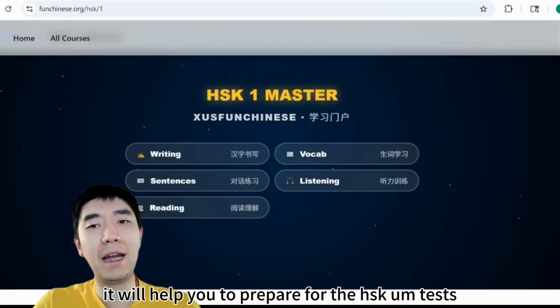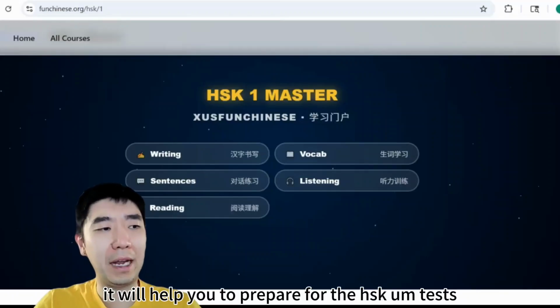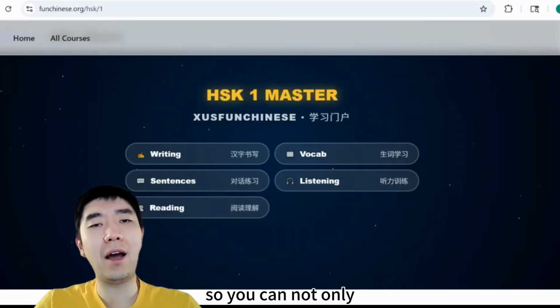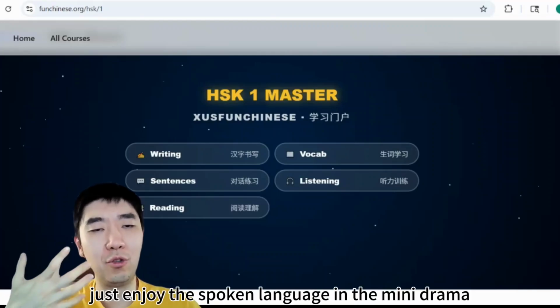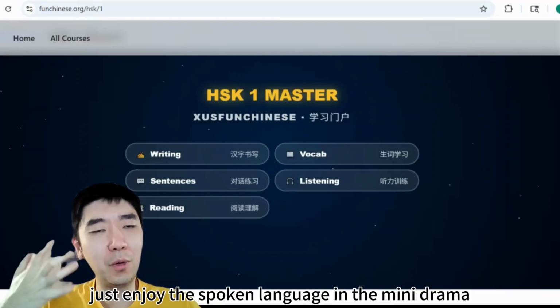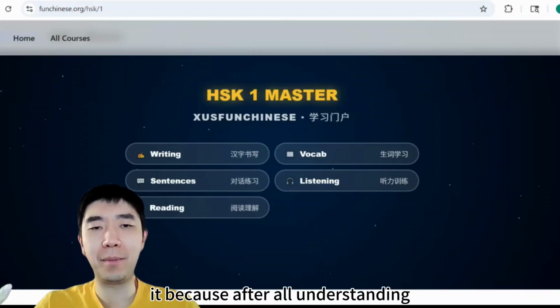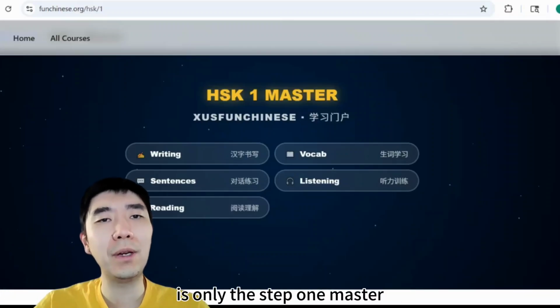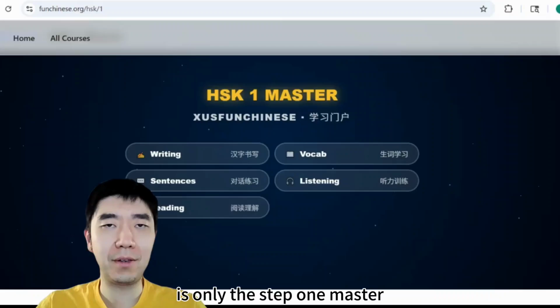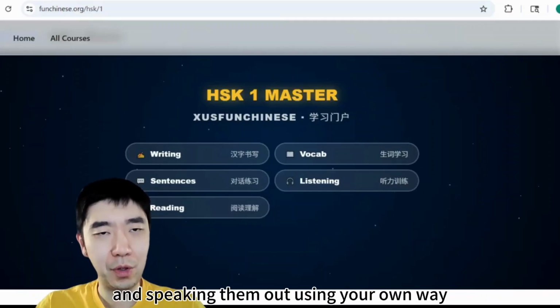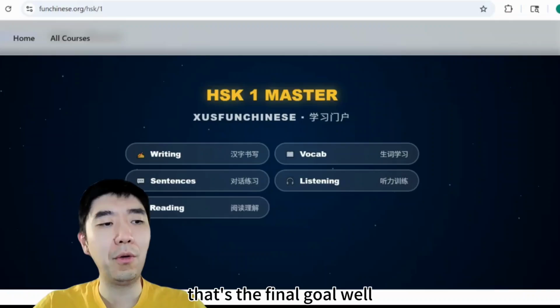It will also help you prepare for the HSK tests. So you can not only enjoy the spoken language in the mini drama, but also actually master it. Because after all, understanding is only step 1. Mastering and speaking it out in your own way, that's the final goal.